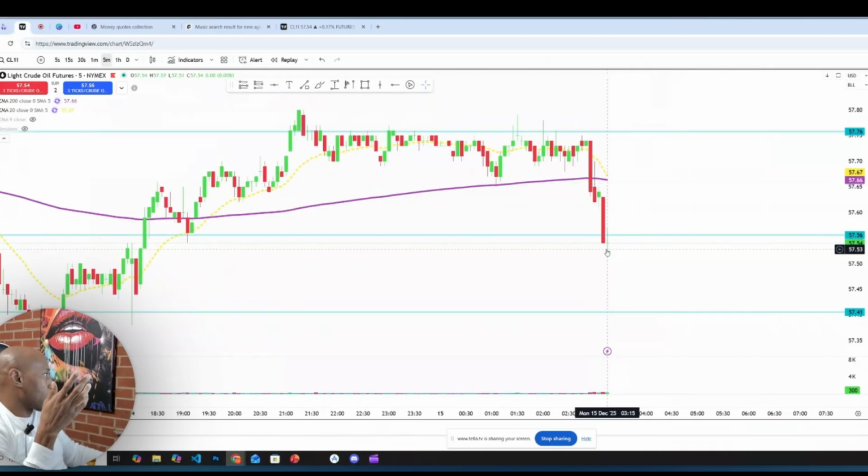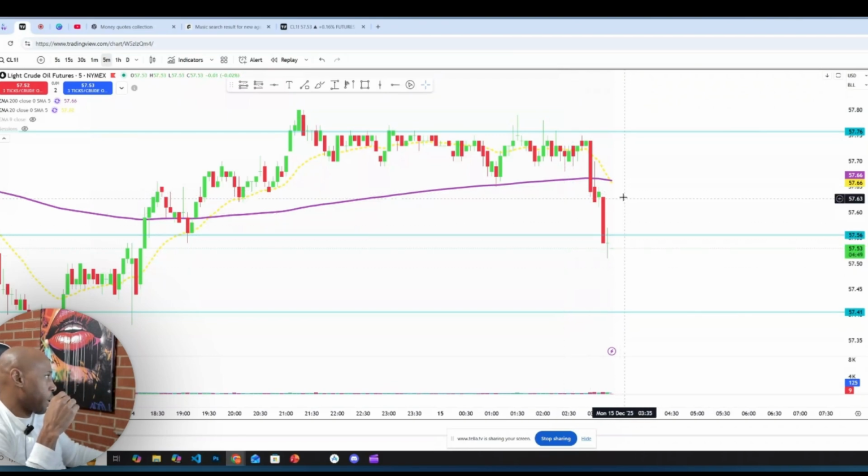So let's say it gets far away from the 200 EMA. And that's relative, right? You'll get an idea what far is by looking at your instrument. Mine is crude oil, so let's say it gets far away from the 200 EMA.